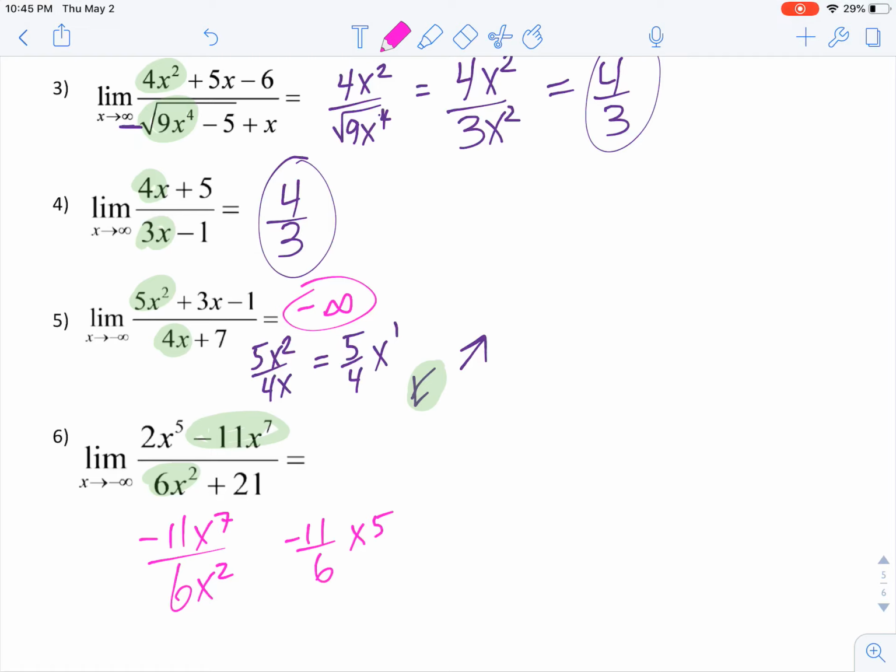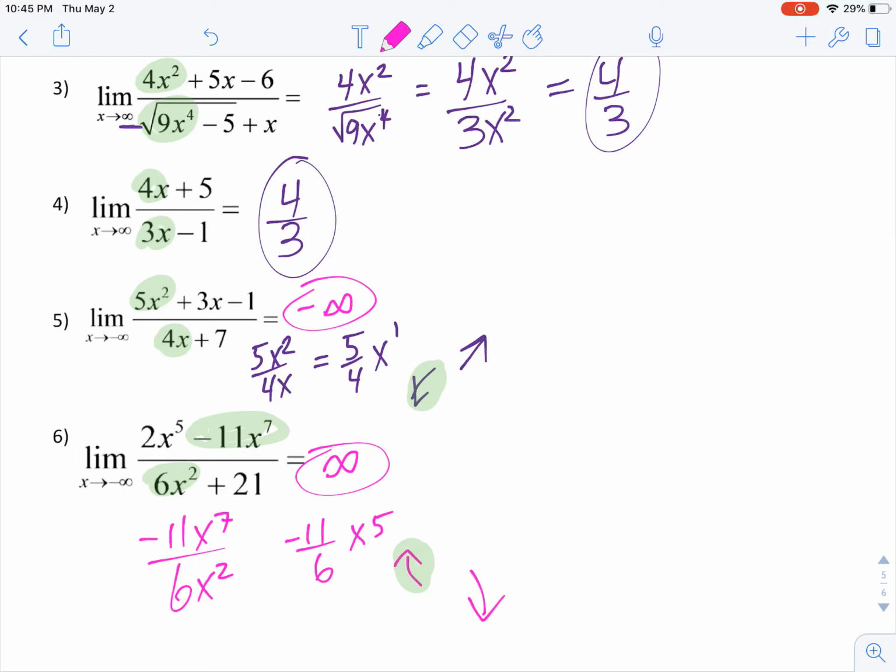So that is an odd negative function, a negative odd function. So it's going to start up and end down. And we're going to negative infinity. So we're looking at the left-hand side, so that's going to be infinity. Okay, so that's it for that.